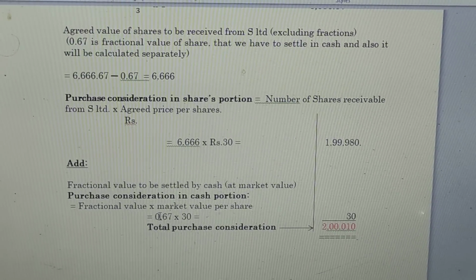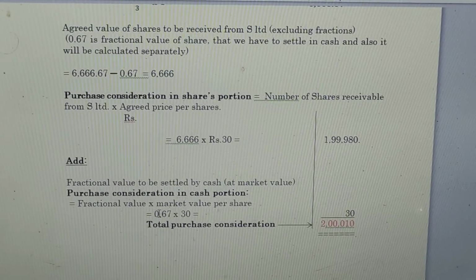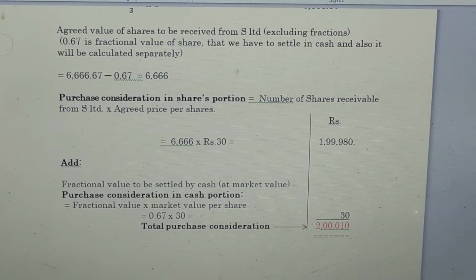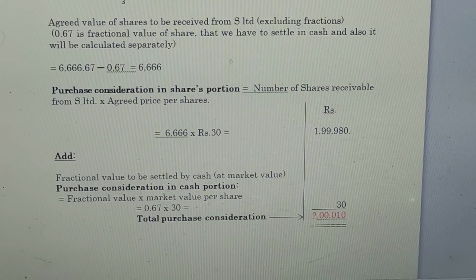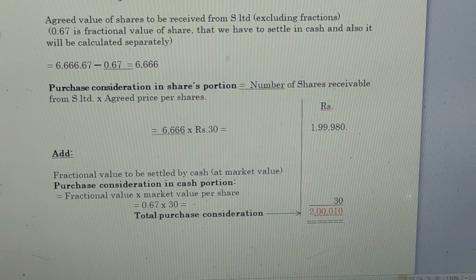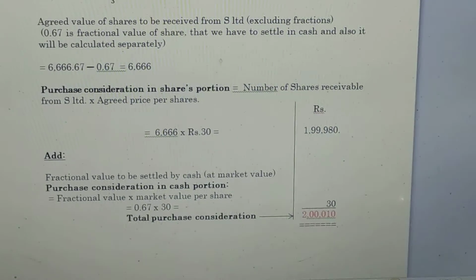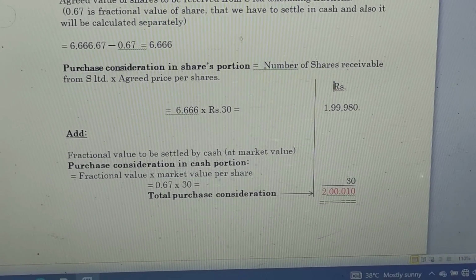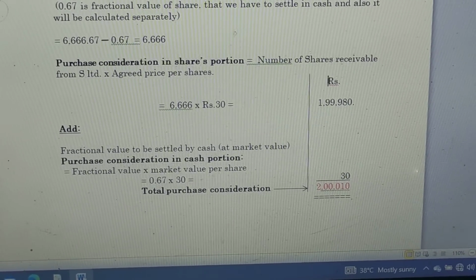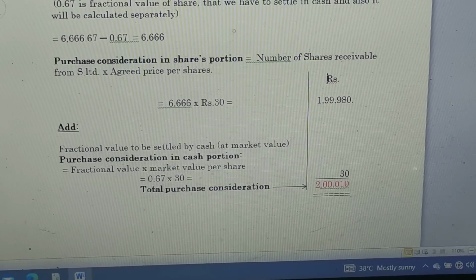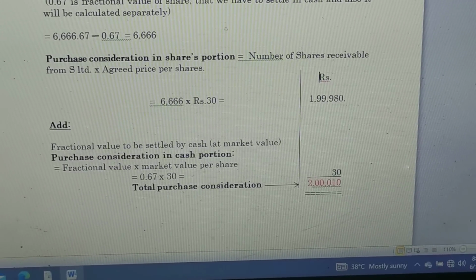Then purchase consideration in shares portion equals the number of shares receivable from S Limited multiplied by the agreed price per share, that is 6,666 multiplied by rupees 30, which gives 1,99,980. Add the fractional value to be settled in cash at market value. When calculating any fractional payment, we settle in cash and take only the market value of the share.